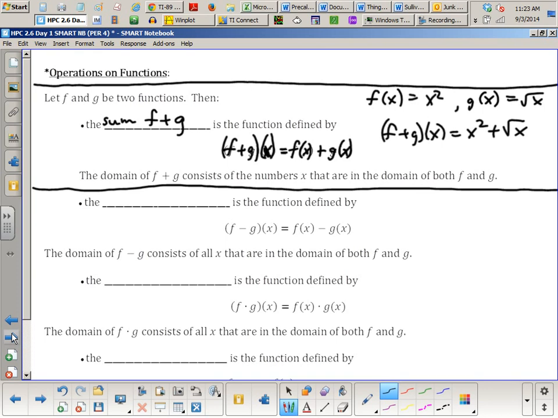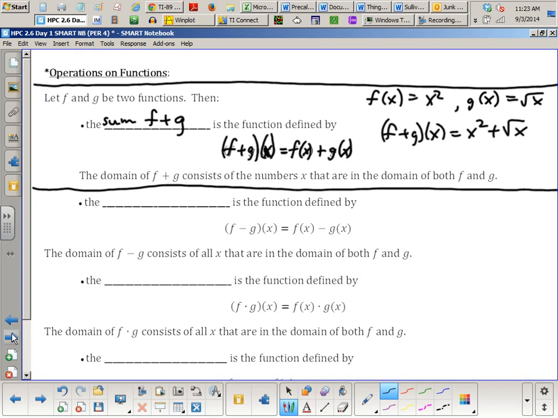Okay, now when I add a function and a function, I end up getting a function, right? So this is a brand new function. I suppose you could even make a flashcard for it if you feel like memorizing it. What is its domain? Well, look at the expression that we just got.